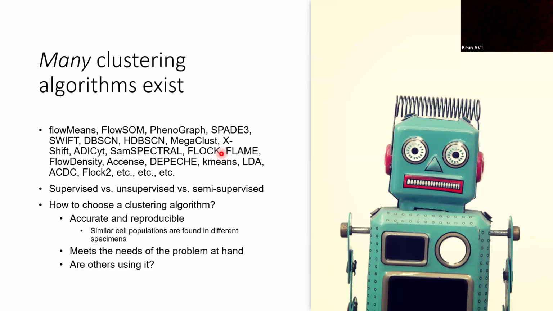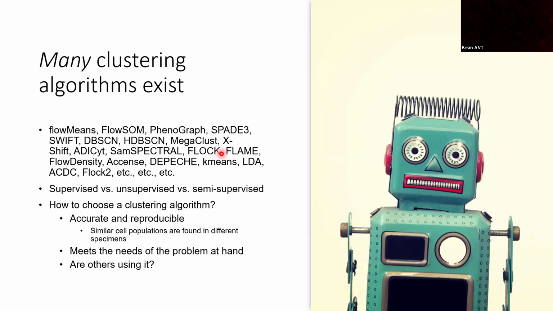So some are supervised algorithms, which means that you're taking labeled data and you want to find the different populations that correspond to those labels. Some are completely unsupervised, so you're throwing the data at the algorithm and it's just separating it into populations. And then there's semi-supervised, so something in the middle.